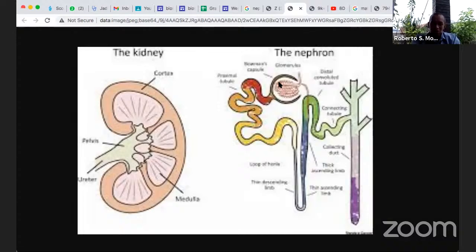So this is the nephron. This is the exact part that does what a kidney does. A nephron consists of this Malpighian body, consisting of the glomerulus and the Bowman capsule.